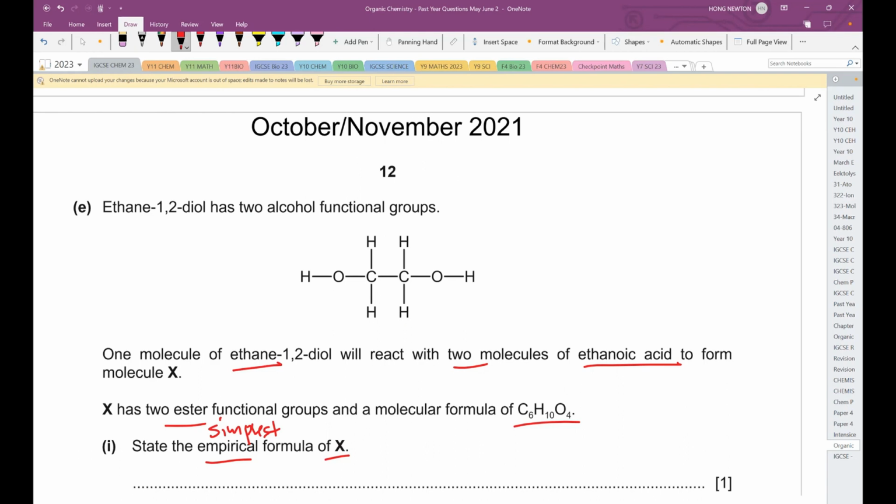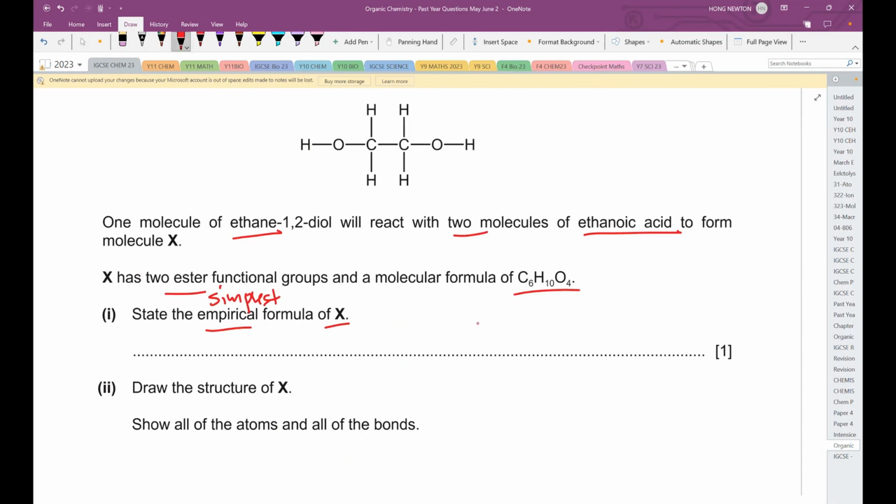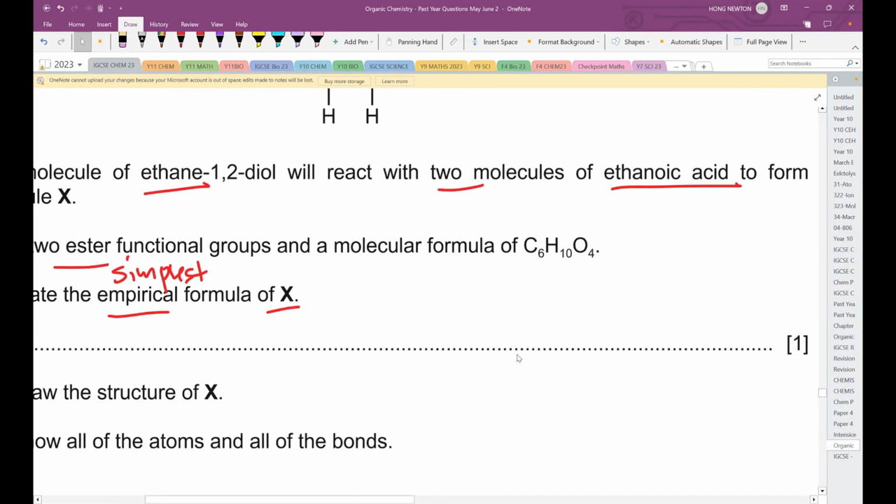You see, X has two ester functional groups and a molecular formula of C6H10O4. They already give you this, so we just use it. What is the empirical formula for this? The O over here, we've got 4. We use the smallest number. For empirical formula, always look at the smallest number.